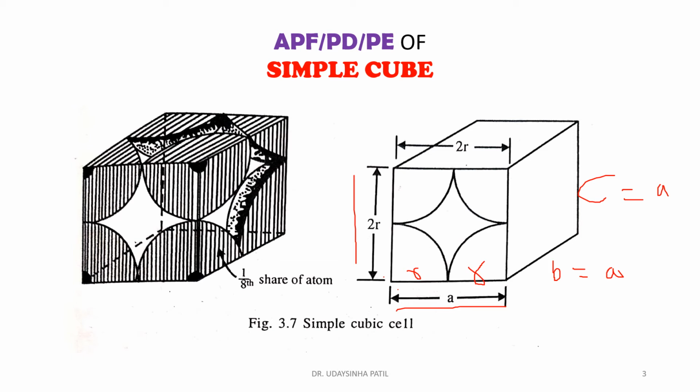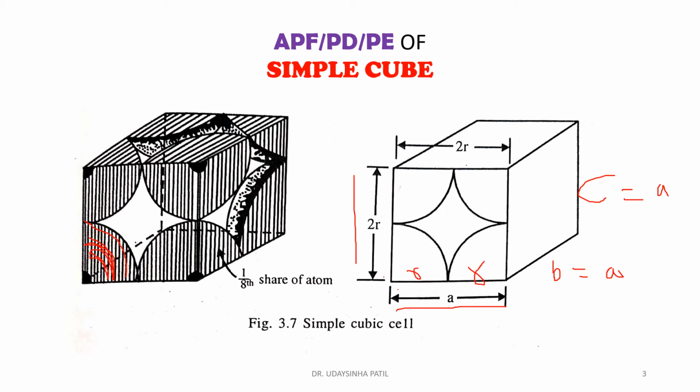This is the simple unit cell. This is the diagrammatic appearance of the simple cube. Here we consider this one part. This is not the complete atom. This one is not the complete atom. Some part of the atom is contributed by each and every single unit cell of the simple cube. And how?